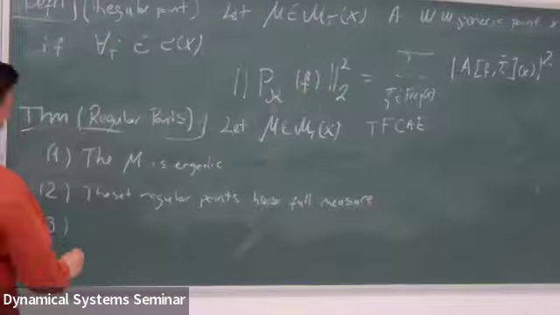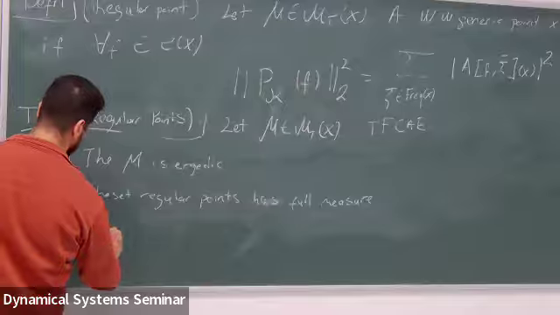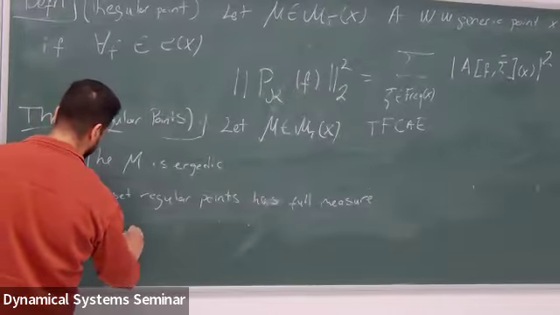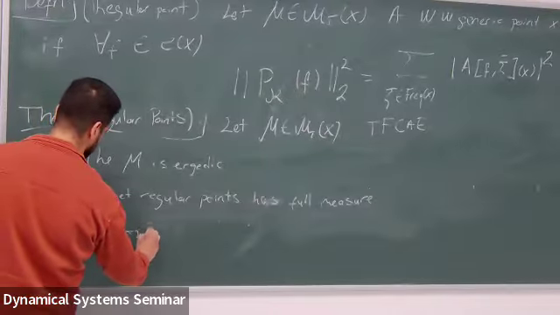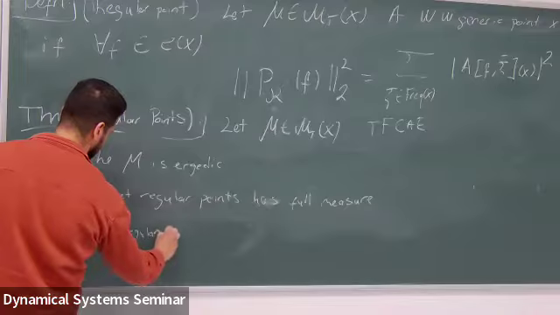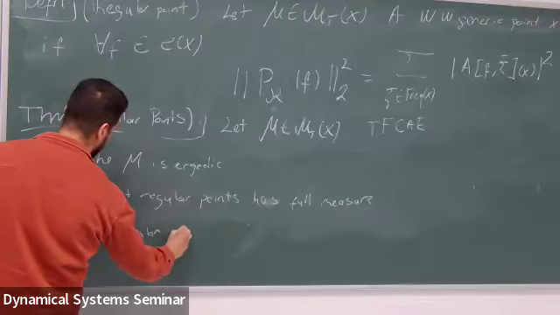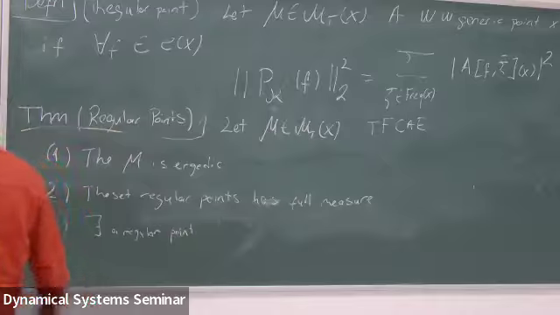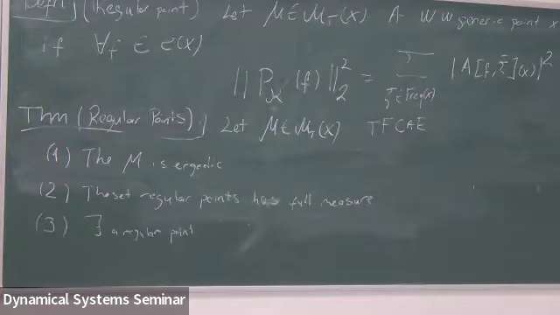The third one is there exists a regular point. So basically, if you find one point in your space which is regular with respect to your measure, then your measure is ergodic. Set of regular points that's ergodic.